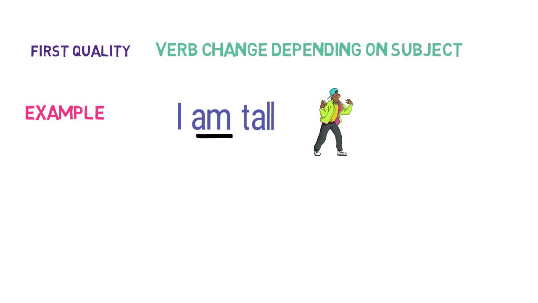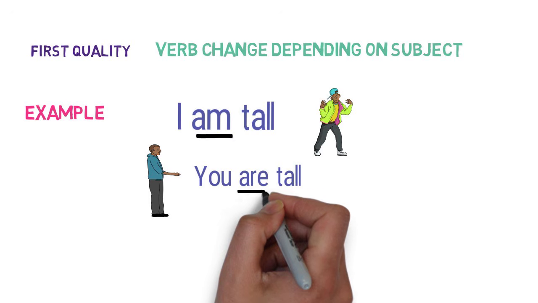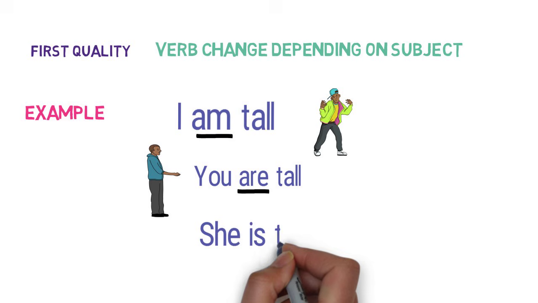Now look at the second example where the subject is the second person. You are tall. Here, while referring to the second person, we used are as a verb, but tall remains the same. Now look at the third example where the subject is the third person. She is tall.